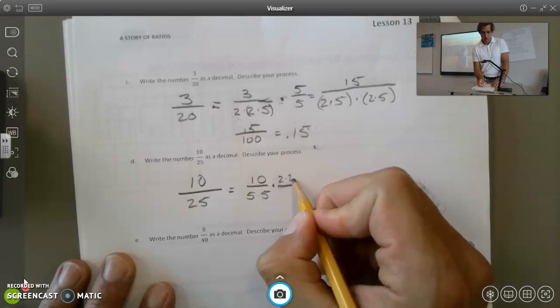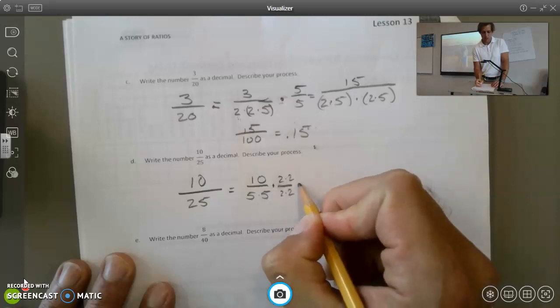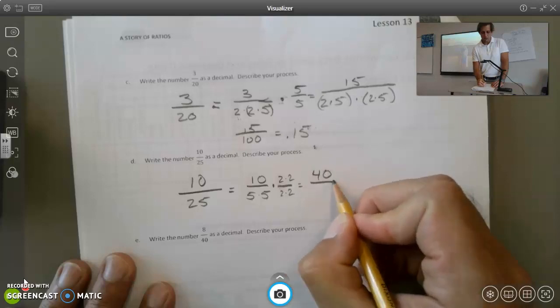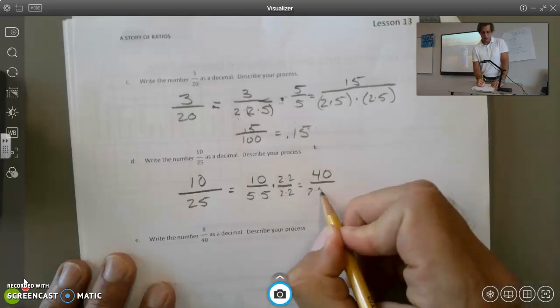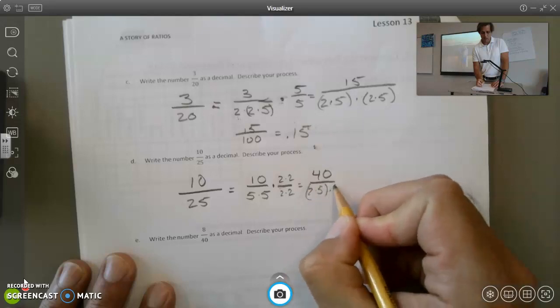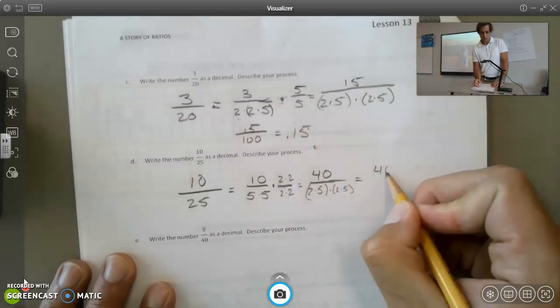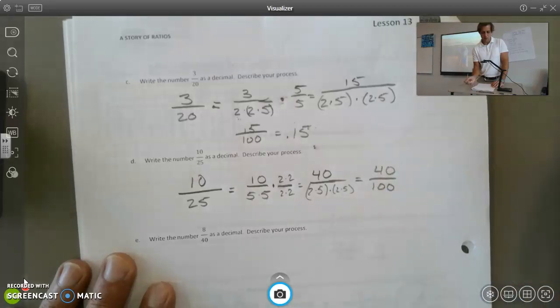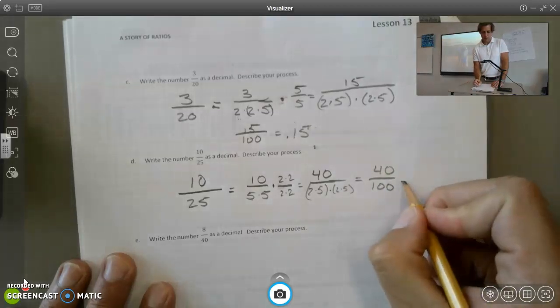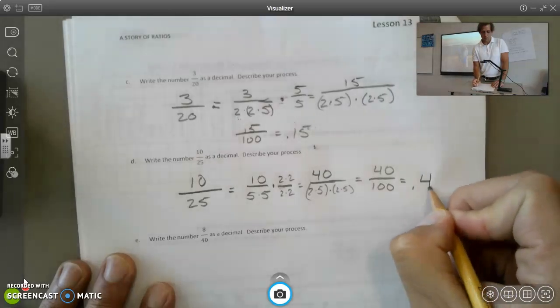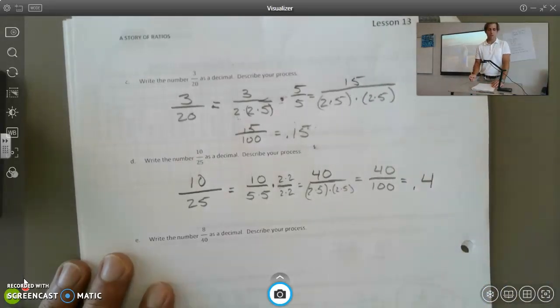So I would need to multiply it by 2 times 2 over 2 times 2, and I would get 40 over 2 times 5 times 2 times 5, which is 40 over 100, which is 40 hundredths or 4 tenths.